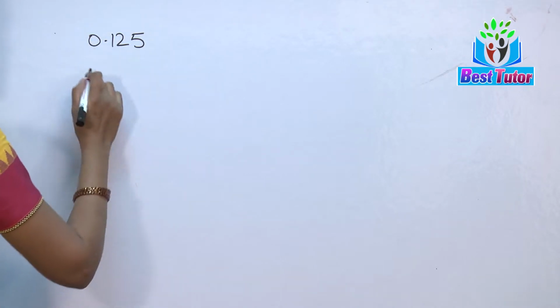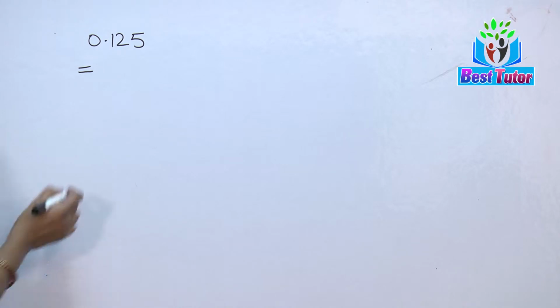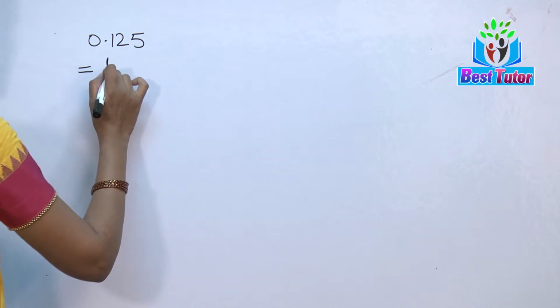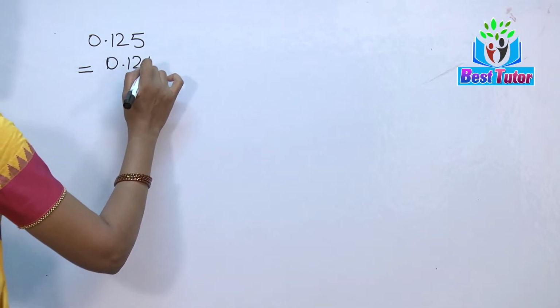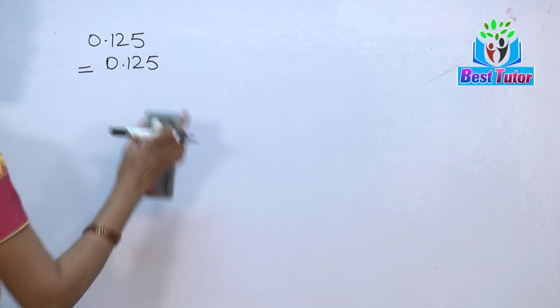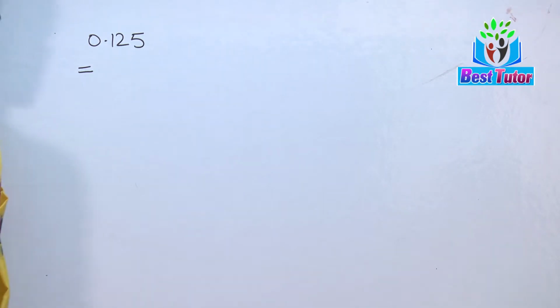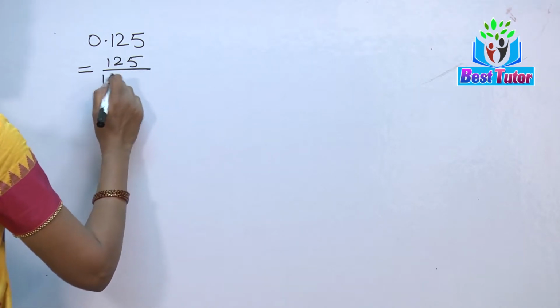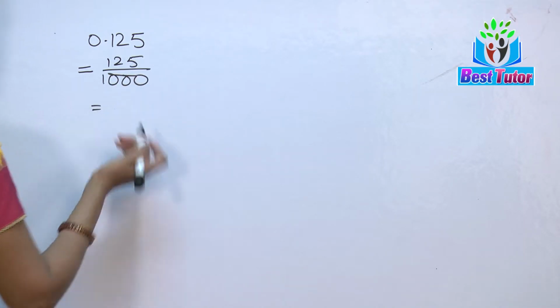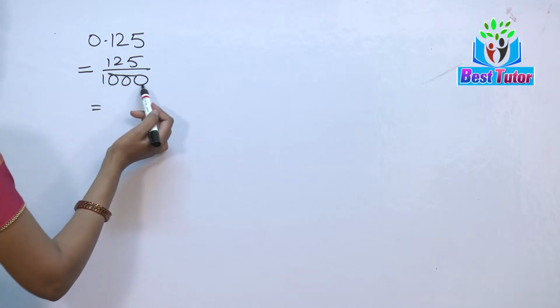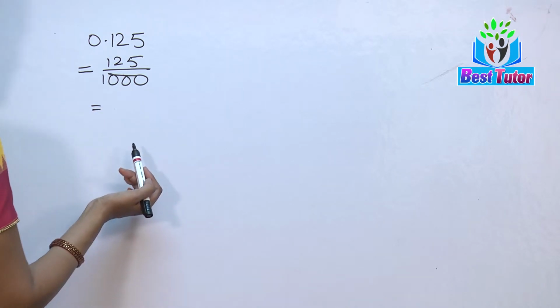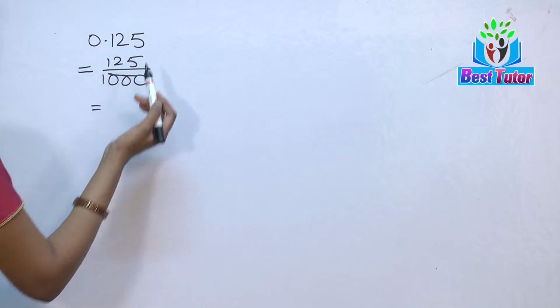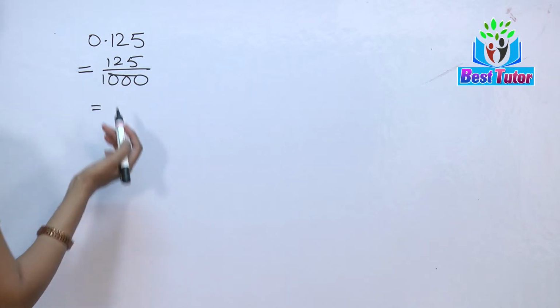0.125 is a terminating decimal, and we can write this decimal number as a decimal fraction, in the sense, 125 by 1000. The power of 10 in the denominator depends upon the number of decimal places given in the decimal number.